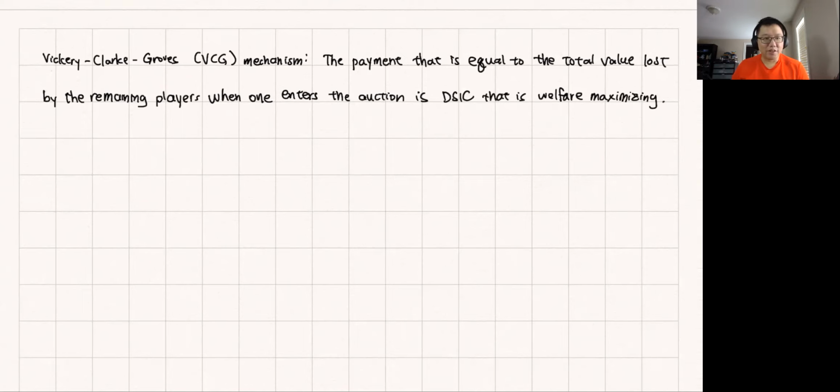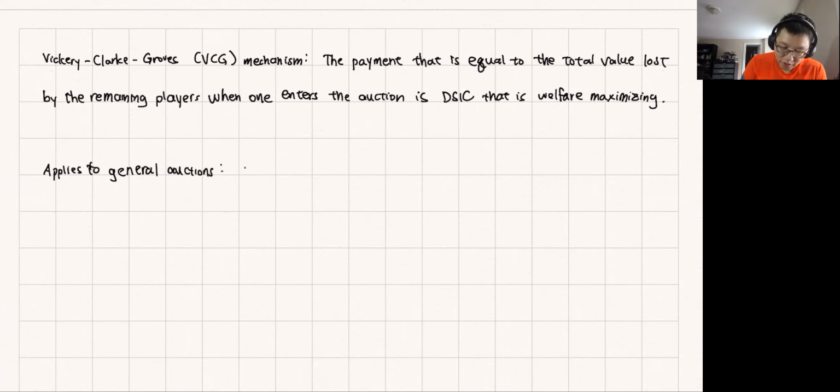All right, so that is the VCG algorithm, VCG mechanism. And this applies to general auctions as well, not just the one item auction or several item auctions or the single environment that we have.